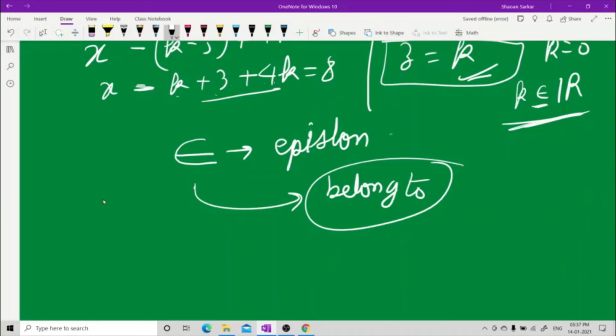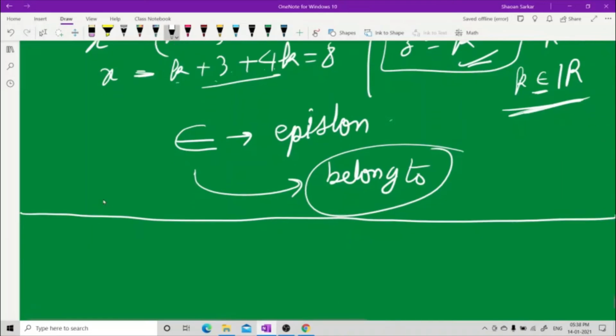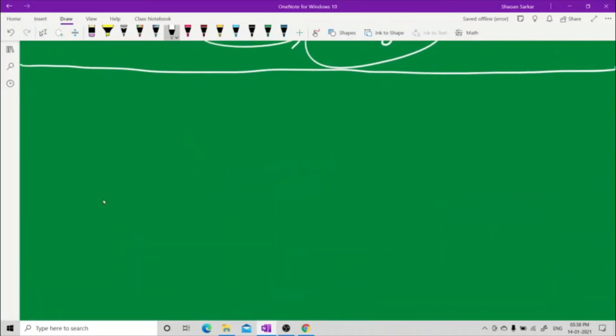Now I'll tell you some very interesting facts about rank and determinant. The determinant you can take of a square matrix only.